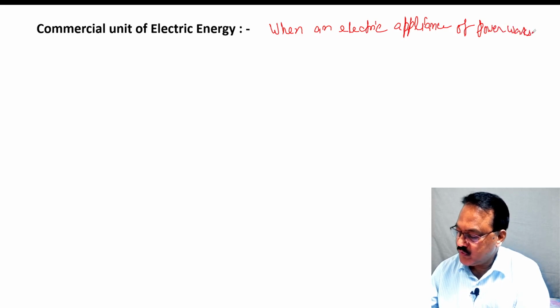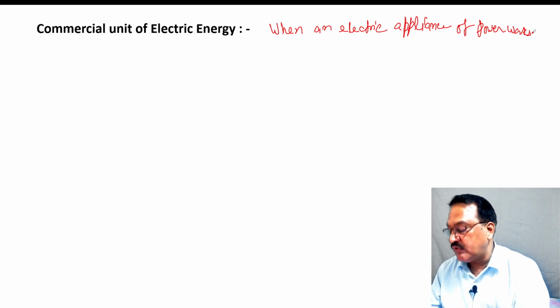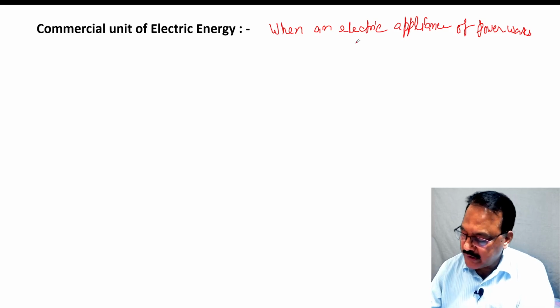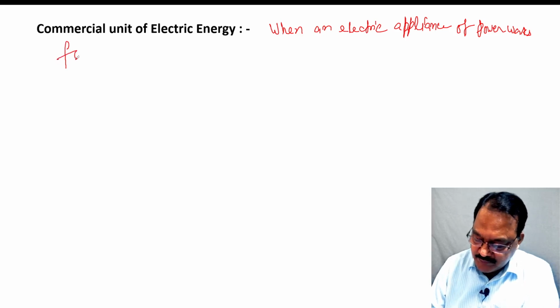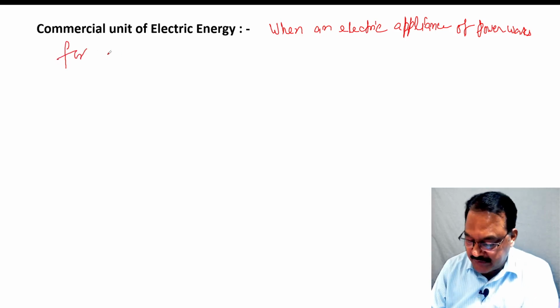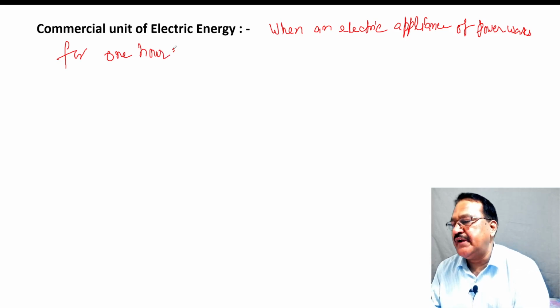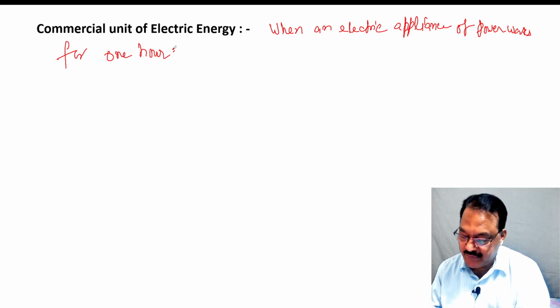works, meaning how to calculate in terms of hour, because it is to be commercialized. In commercial terms, how can you calculate it? When an electric appliance of power works for 1 hour, let us suppose for 1 hour it is working, how do we calculate the commercial unit?